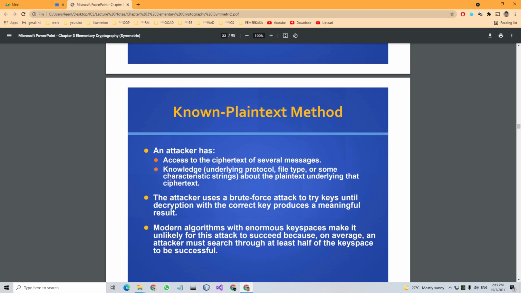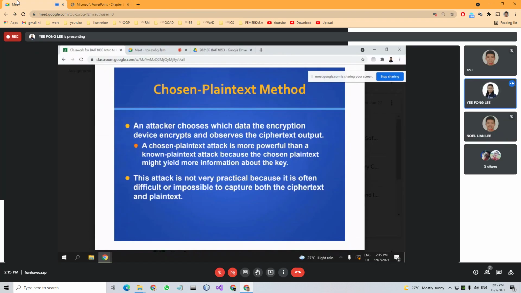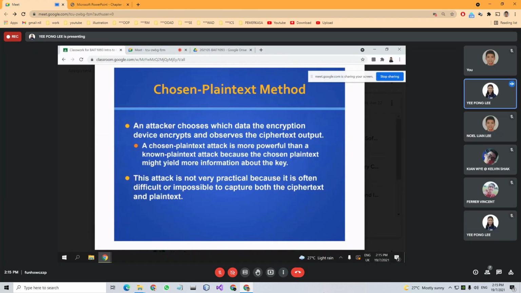So in general, the cryptanalyst's job here is to deduce the key used to encrypt the messages, or the algorithm used to decrypt any new messages by using the same key. However, this kind of attack is not so practical, a bit difficult or impossible, to capture both ciphertext and plaintext.